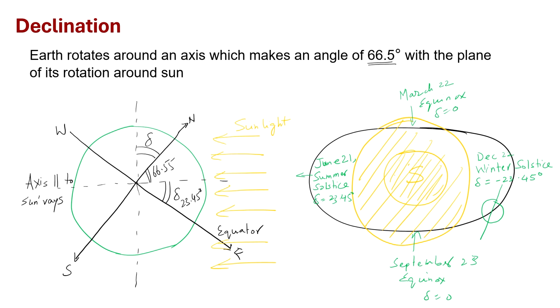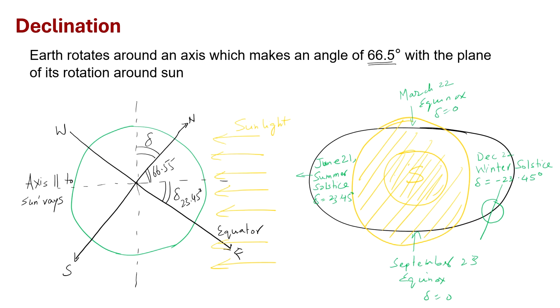Because Earth's axis is tilted at an angle of approximately 23.45 degrees with respect to its orbital plane around the sun, this is why we have changing seasons. We have the shortest day in winter, the longest day in summer, and the equinoxes when day length and night length are equal.